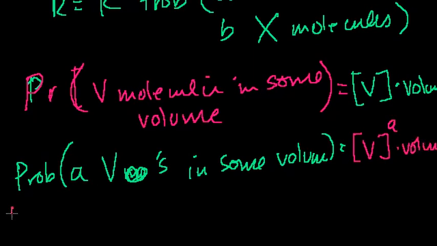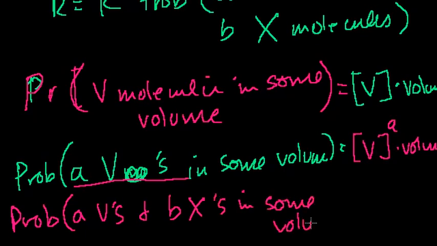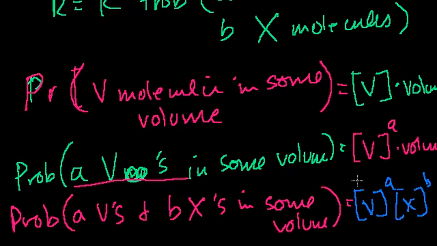If you also care about the probability, so you want all of that, so A V's and B X's in some volume, well, then you're going to have to multiply all of them together. So it's going to be equal to the concentration of V to the A power times the concentration of X to the B power times the volume.